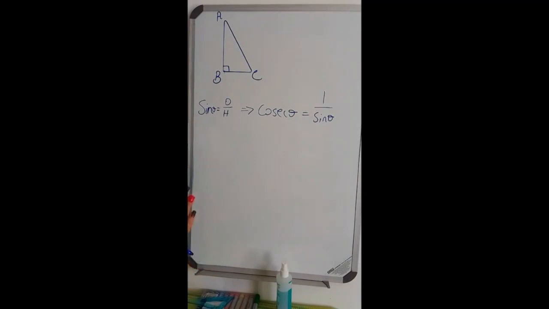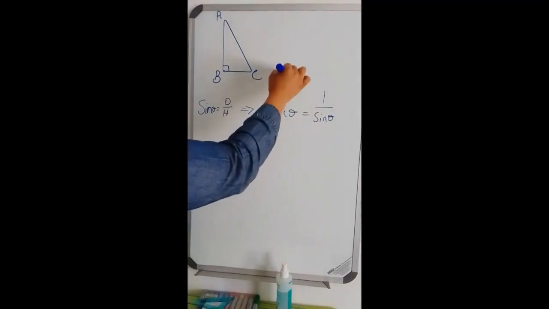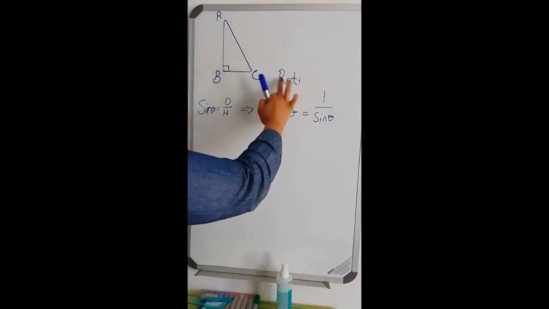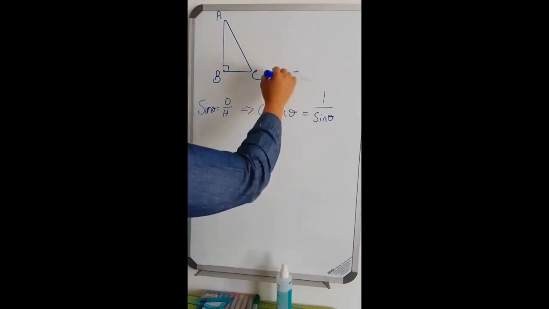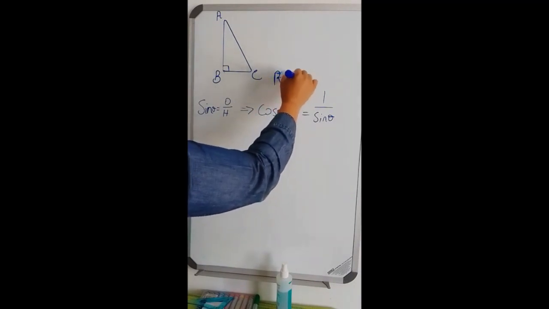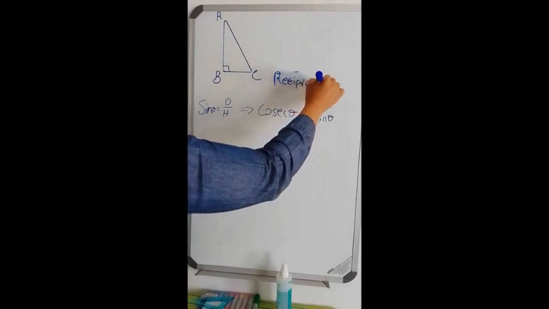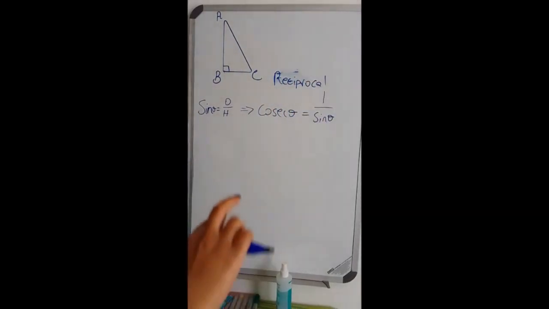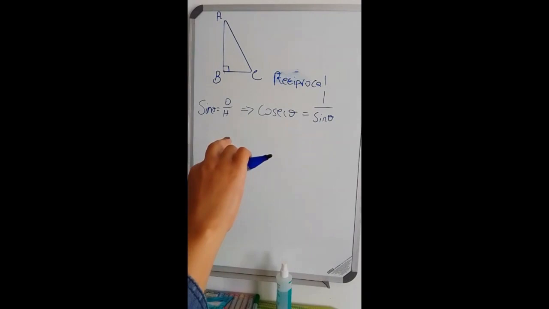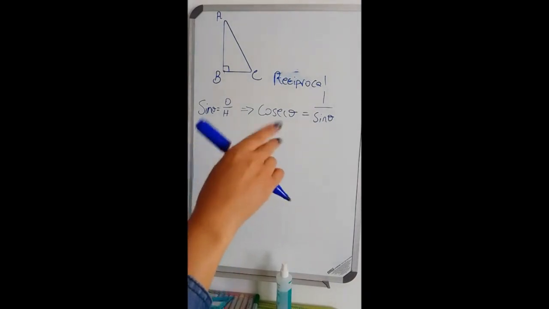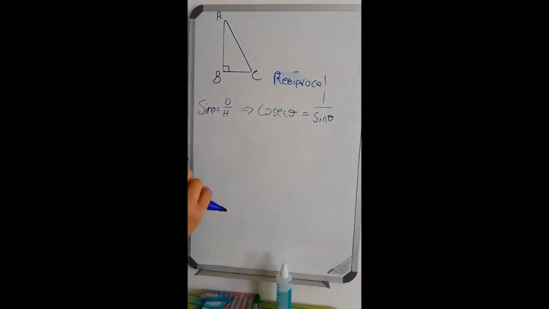So what happens when you get a reciprocal of a ratio is that it swaps the denominator with the numerator and the numerator with the denominator.